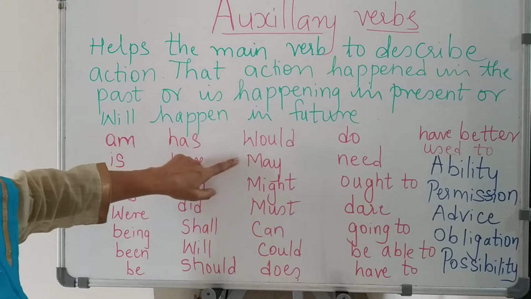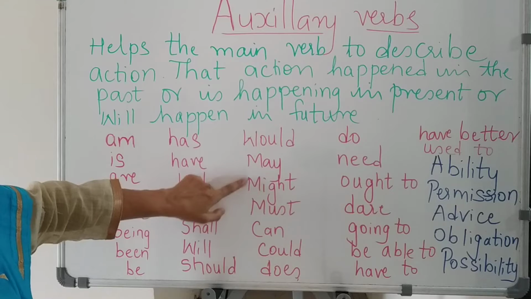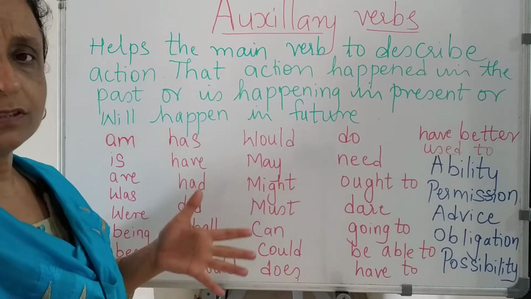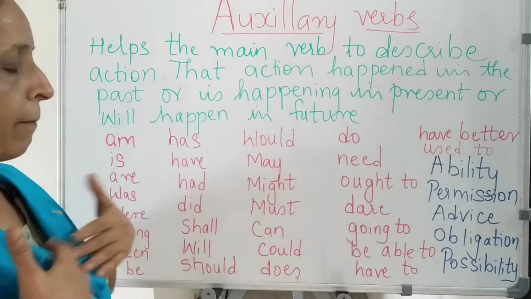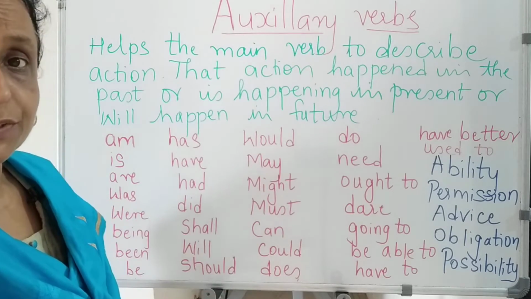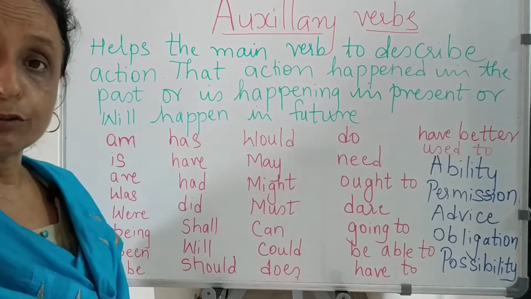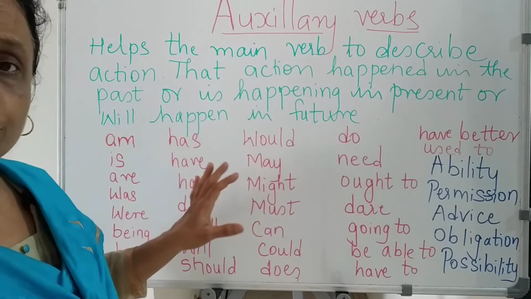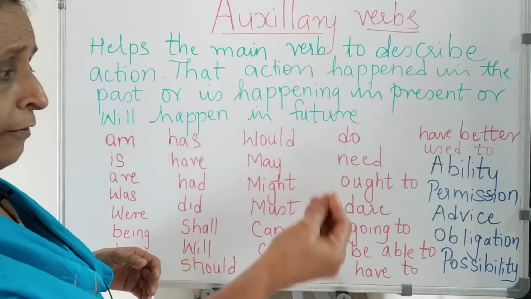So, here, it might rain, it may rain, may I come in. Now this may can be used in different types of sentences. May I come in? That shows permission. It may rain, that shows possibility. So even one auxiliary verb can show different feelings.